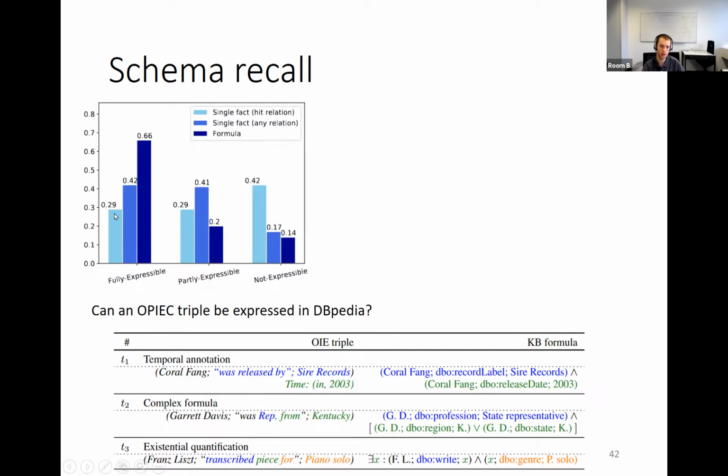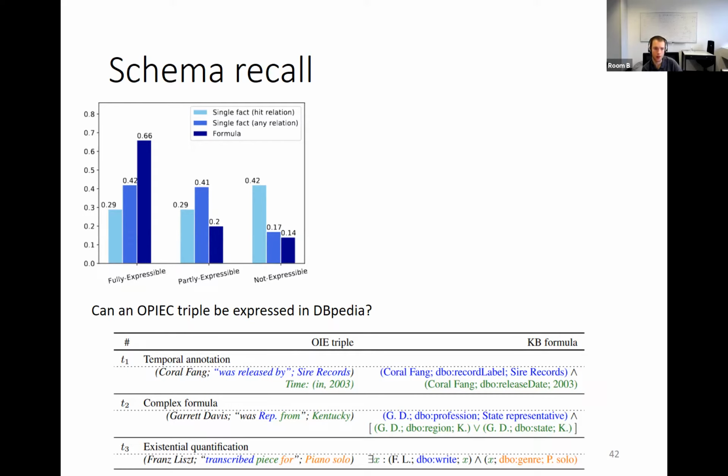That's 29%. How many can be partially expressed by a triple in DBpedia? In other words, the semantics of the relations are not the same, maybe born in versus lives in. And 40% of the OpenIE triples cannot be captured by a single triple. And then the other colors refer to more complex expressions.